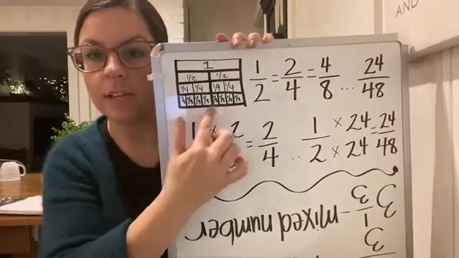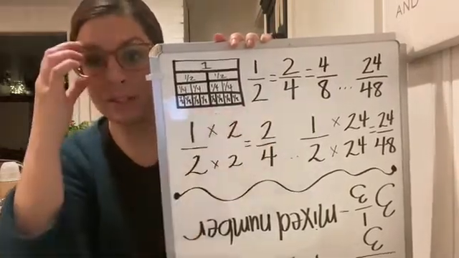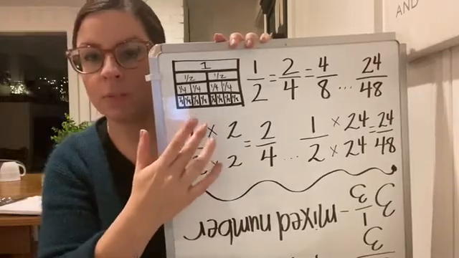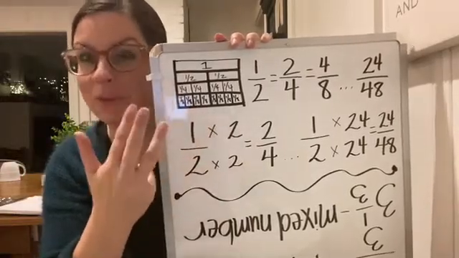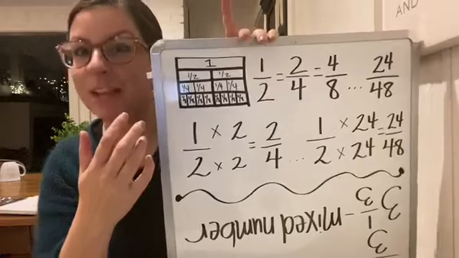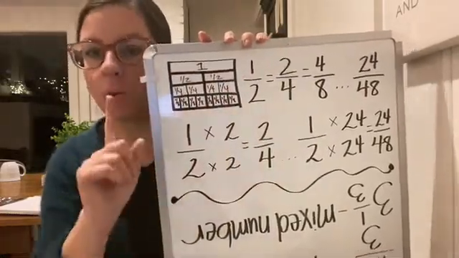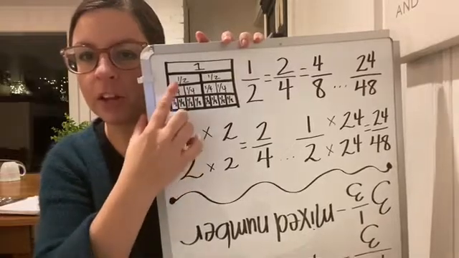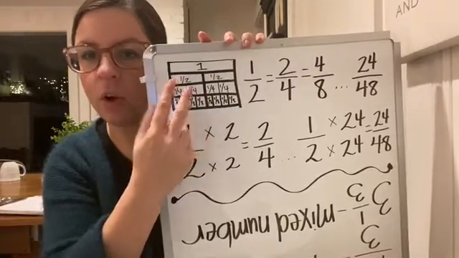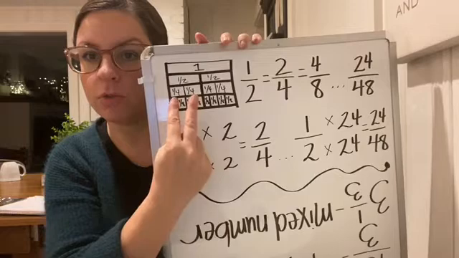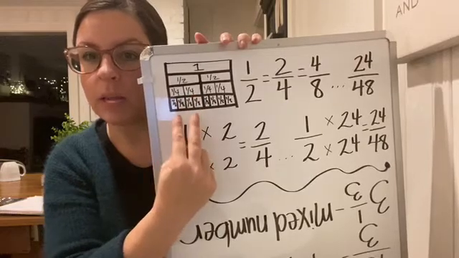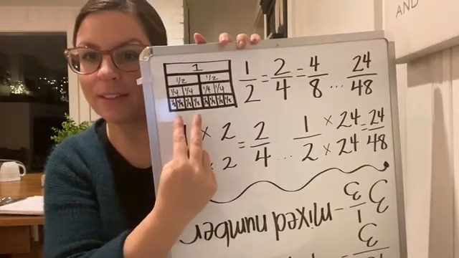Now right down here, I have 8 pieces. So 1/8 plus 1/8 plus 1/8 plus 1/8 plus 1/8 plus 1/8 plus 1/8 plus 1/8 equals 1 whole. 8/8 equals 1 whole. But look at this, 1/2 also equals 2/4 also equals 4/8.